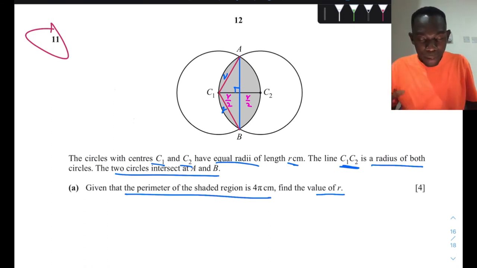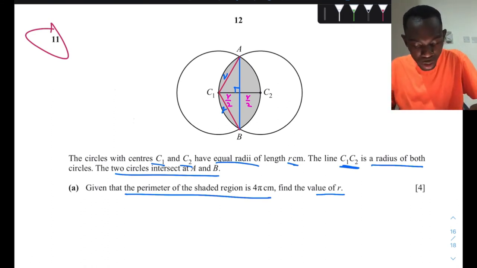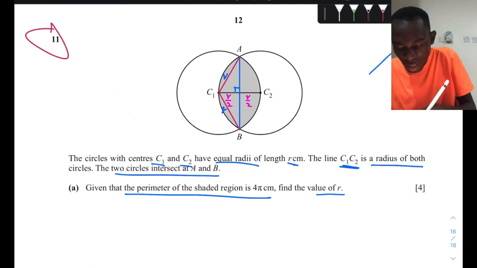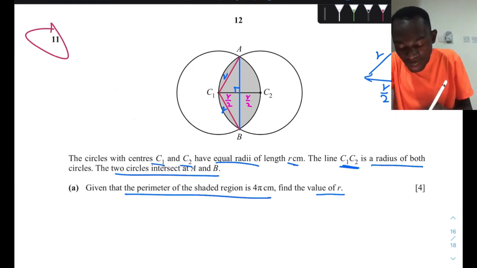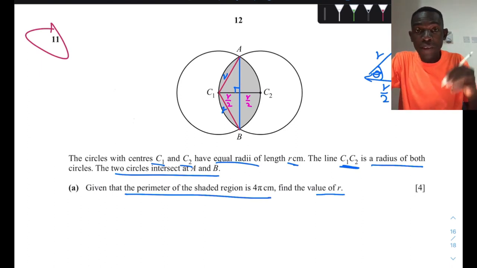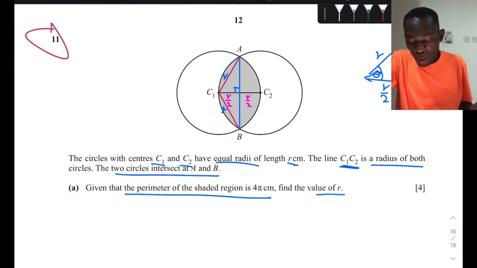Now let me extract that part out. If I extract, then what I do have here is R over 2 and then R, and this is 90 degrees. Now what can you do? Let's call this theta, and then you can find the value of theta. You can use cos.